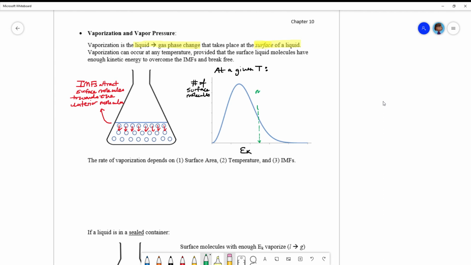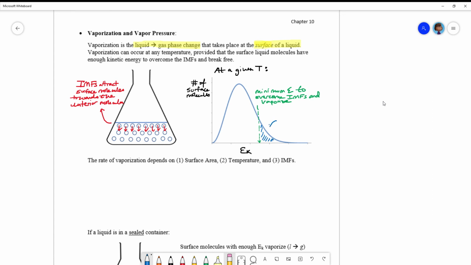So let's note that this is the minimum energy to overcome IMFs and vaporize. That means only the molecules with kinetic energy higher than the minimum are going to be able to vaporize. So just these ones, these are the molecules that can vaporize.